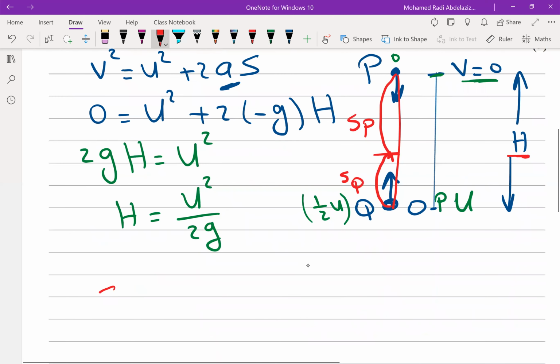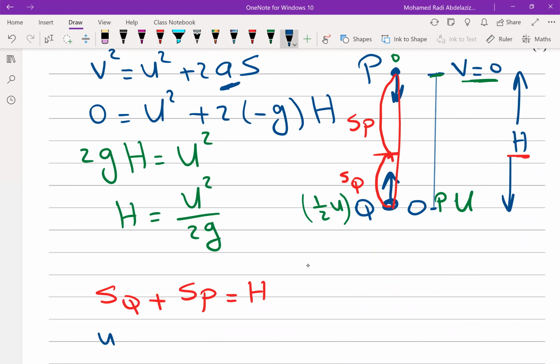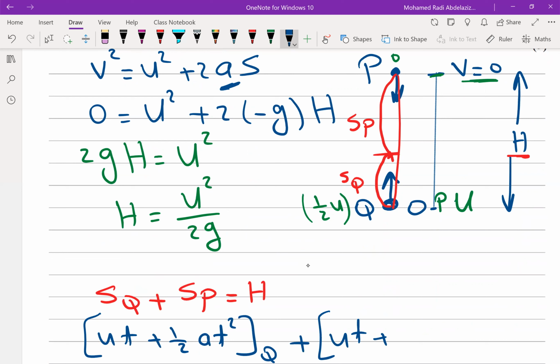So s of Q plus s of P is equal to h. The displacement is ut plus half at squared, for Q, plus ut plus half at squared for P, is equal to h.